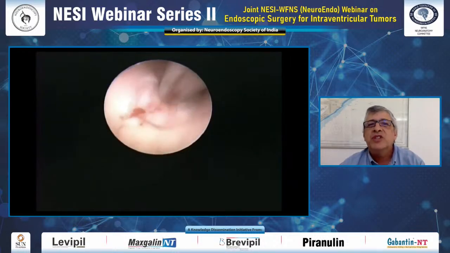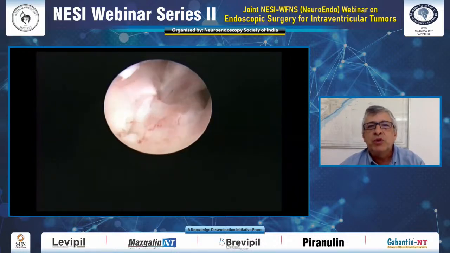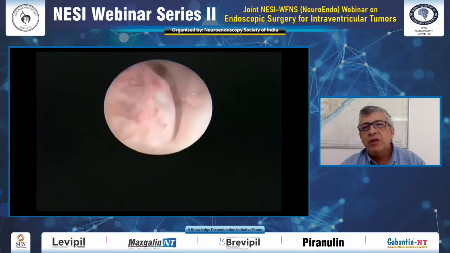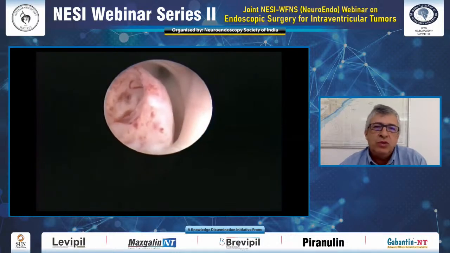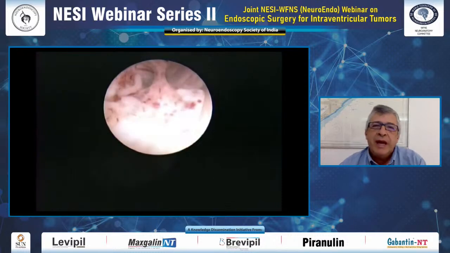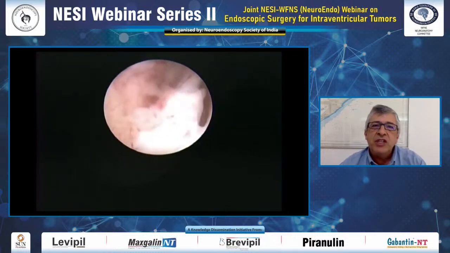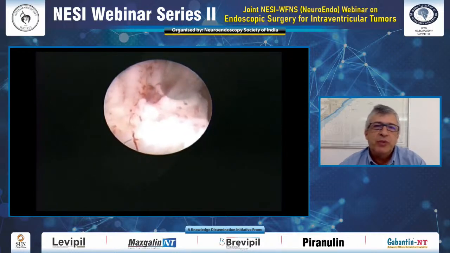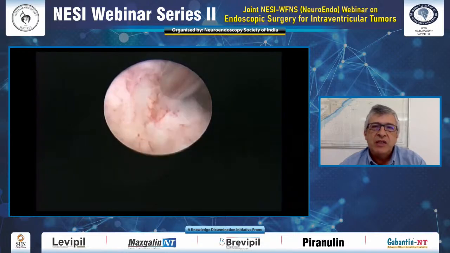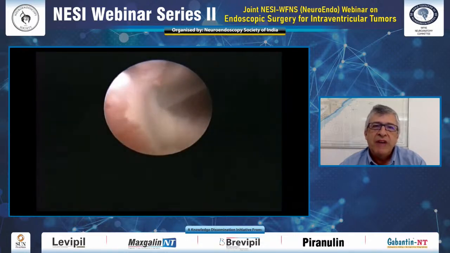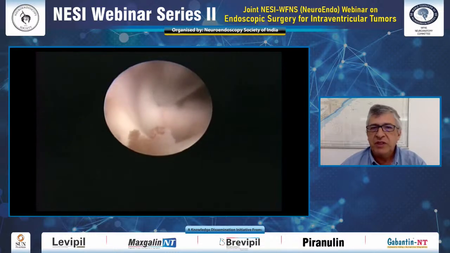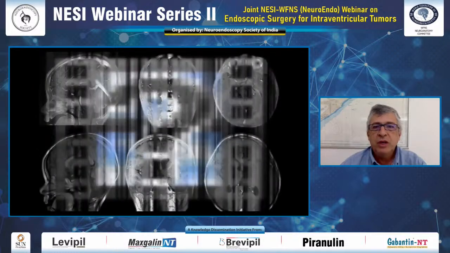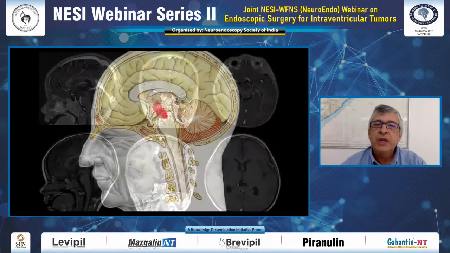When you put the ultrasonic device, it's possible to remove it. All the time, I use a lot of irrigation to give a good visualization of the lesion. And now, after complete resection of the hypothalamic hamartoma, the patient no longer presents gelastic seizures. The patient is in a good condition, and here the post-operatively.